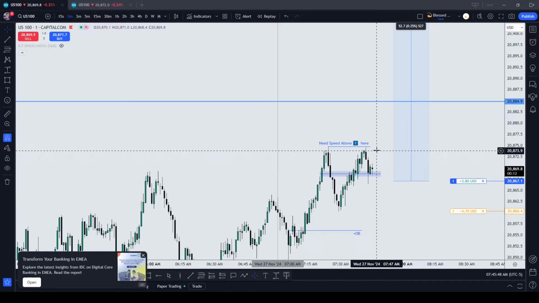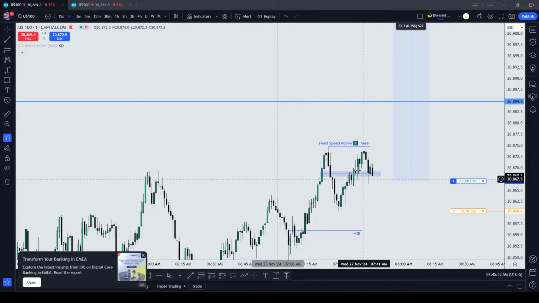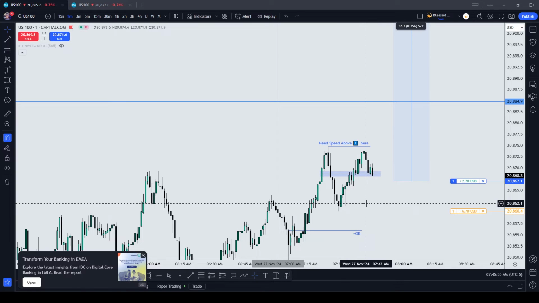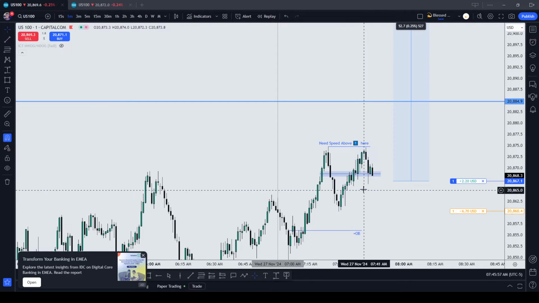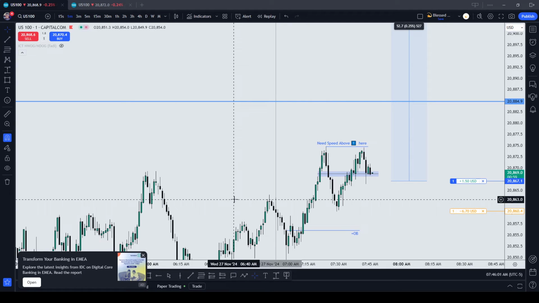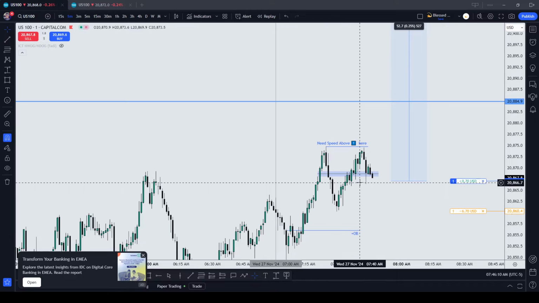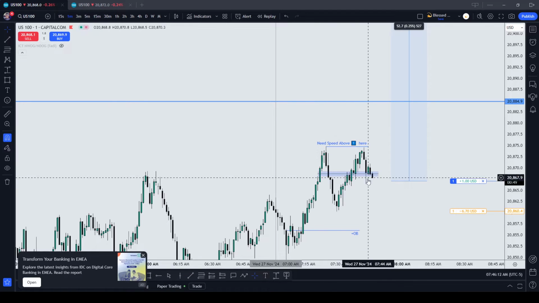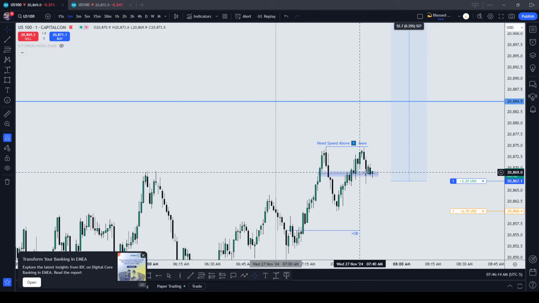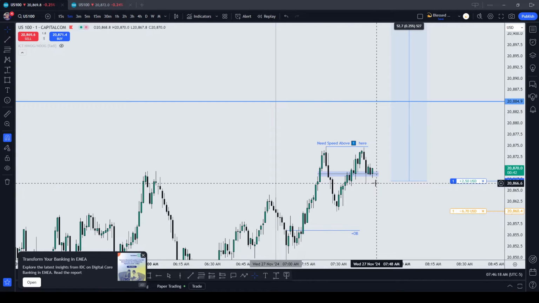I would like to see this move away from this, but still it says mm-mm. Well, we're watching. Right now this inversion, watching that inversion.